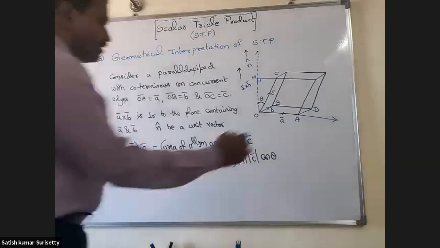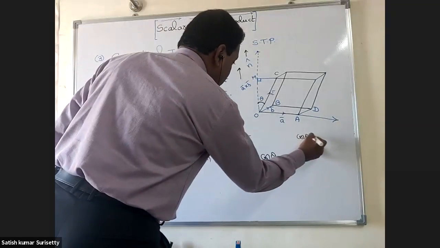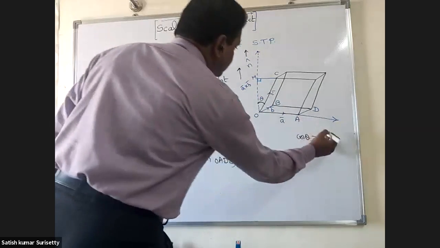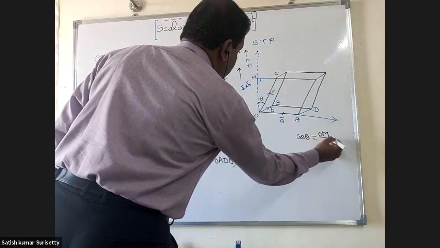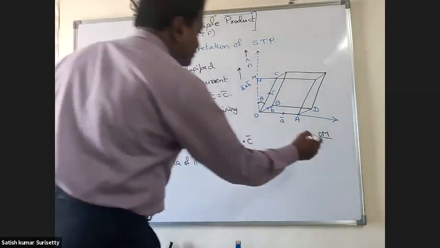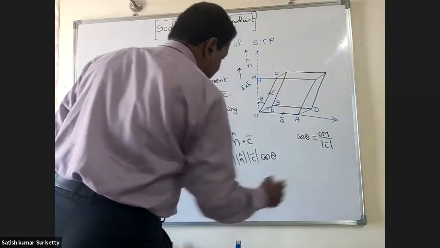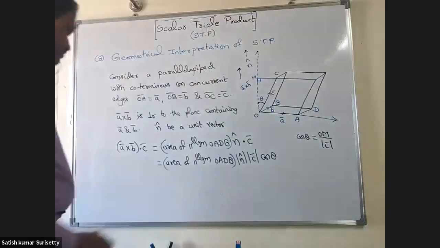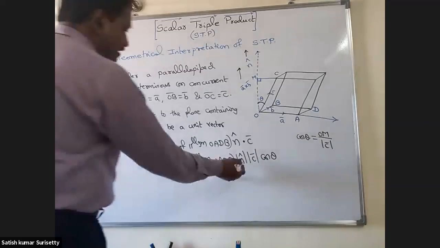Now, from the figure, cos theta equal to OM upon modulus of C bar. So modulus of C bar cos theta equal to OM, and modulus of n cap is 1.